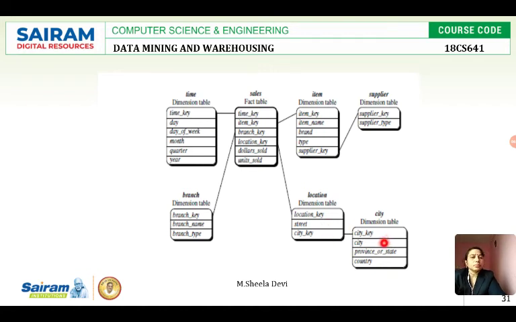Again, for the city key, we can create one more dimension table with the attributes city key, city, province or state and country. So how many levels of dimensions do we have? 2 levels of dimension. Here for the branch key, we have only one dimension table. So the number of levels is just 1 here. And if you take time, we have only one dimension table. So number of levels is 1. So the snowflake schema has one fact table and multiple levels of dimension table. That's it. If you remember this keyword, that is done.